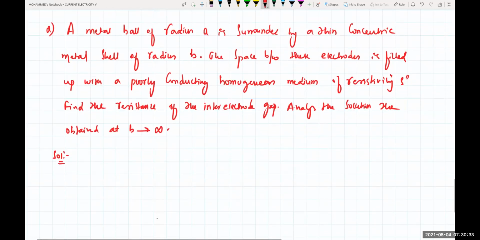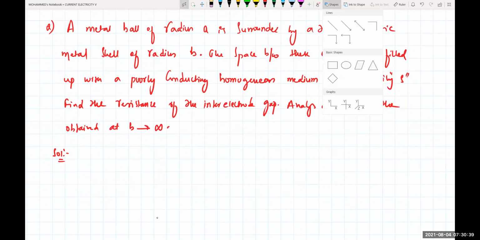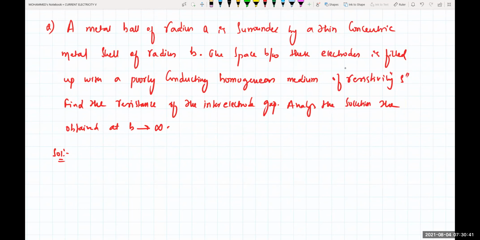A metal ball of radius A has been surrounded by a thin concentric metal shell of radius B. Let me draw a figure like this.